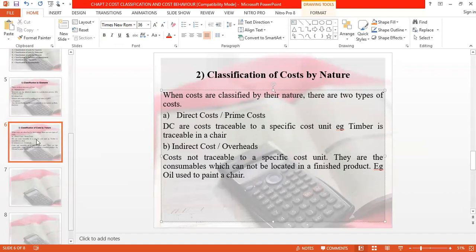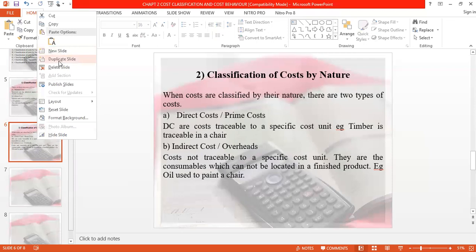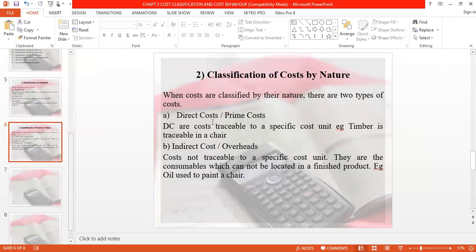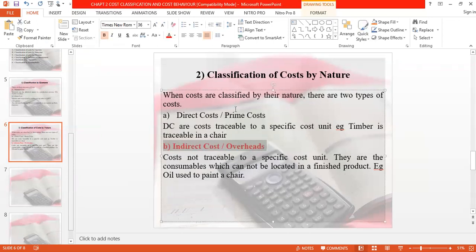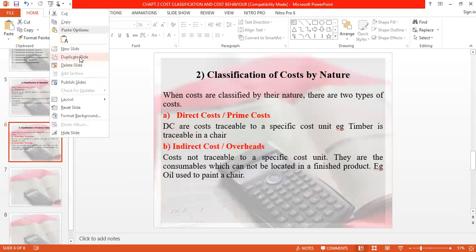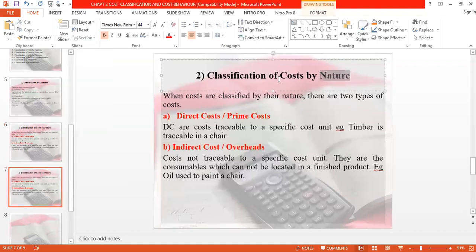Now, I want to continue further with that. So we have said it is either a direct cost or an indirect cost. Now, if I duplicate that and I start with A, I need to look at direct costs.